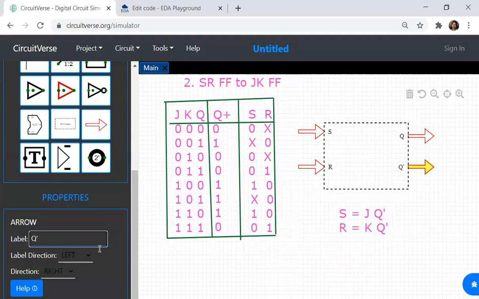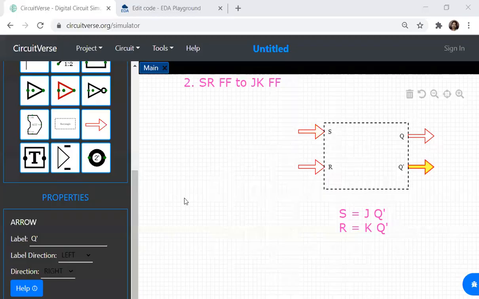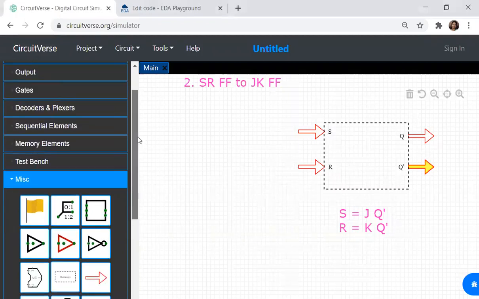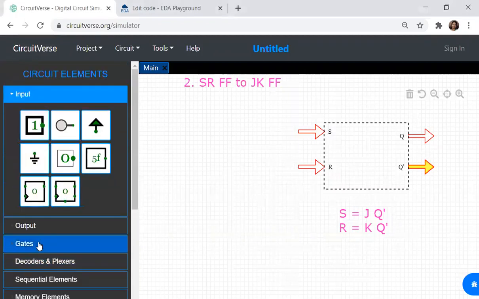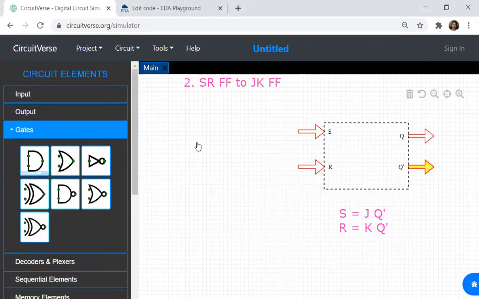Now, what is the input to my S? You can see the input to my S is J into Q bar. So I will just remove this K-map. J into Q bar is nothing but an AND gate. This is one AND gate over here, and this is one AND gate over here.